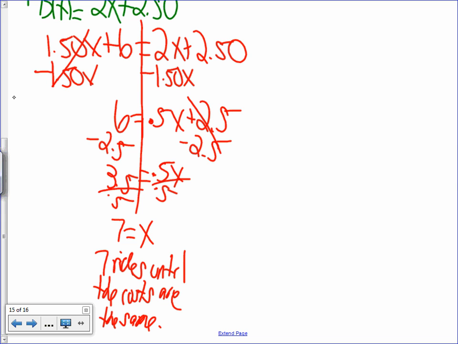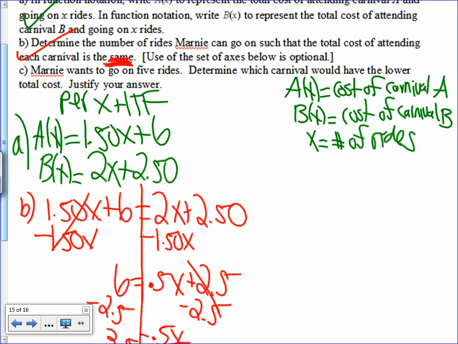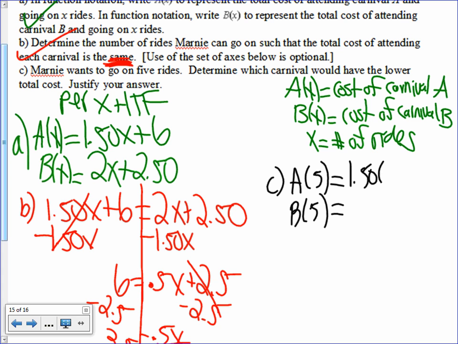Great! We got another question, don't we? That was B. We got a C. Marty wants to go on 5 rides, determine which carnival would have the lower total cost. Right? This is why we have functions. A of 5 will tell me how much it will cost for Carnival A, and B of 5 will tell me how much it's going to cost for Carnival B. So that's 1.50 times 5 plus 6, and this is 2 times 5 plus 2.50.